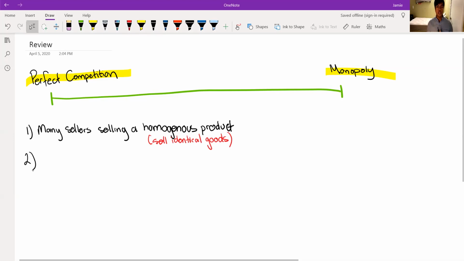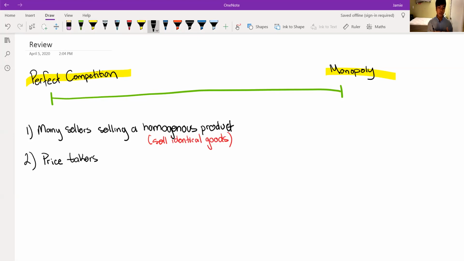Because they sell identical, homogeneous goods, there's no differentiating feature that distinguishes the goods, right? So there's no need to sell at a high price or a low price. These firms are what's called price takers. Each firm in this market takes whatever the market price is.